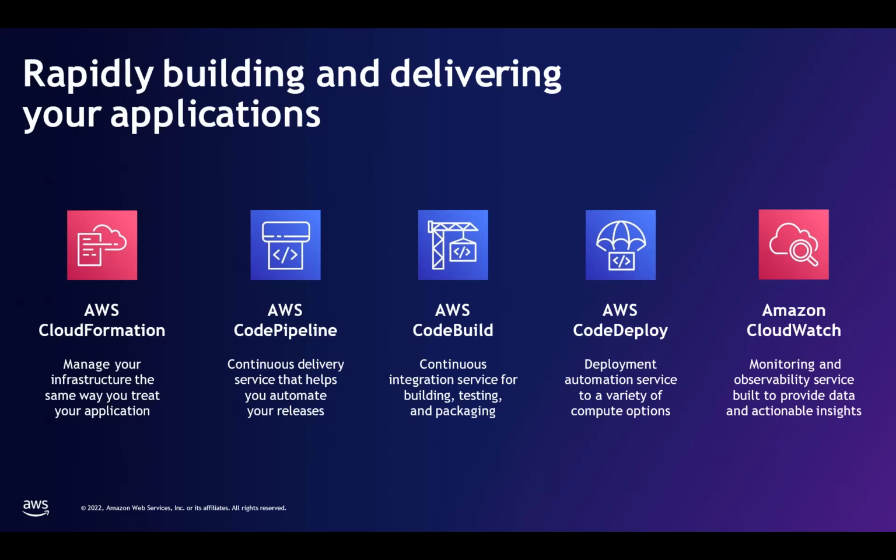Similarly, they have AWS CodeBuild, AWS CodeDeploy, and then Amazon CloudWatch. Amazon CloudWatch provides monitoring and observability for your data, and also gives you actionable insights for further decision making for your business.